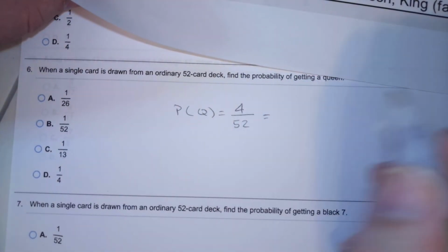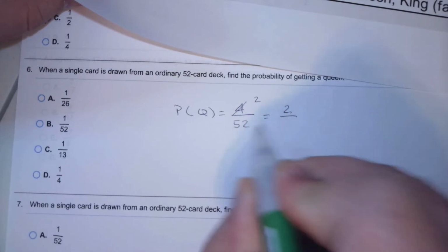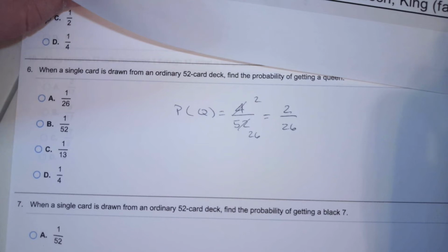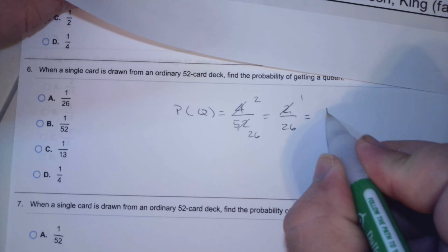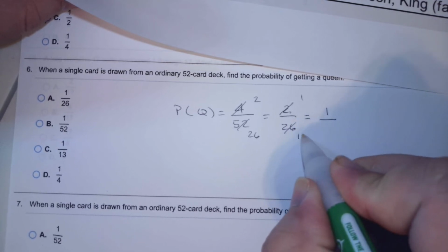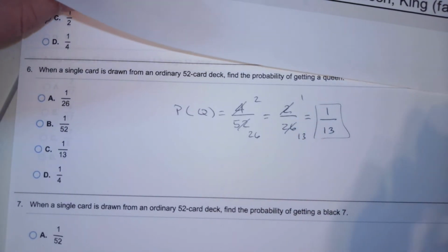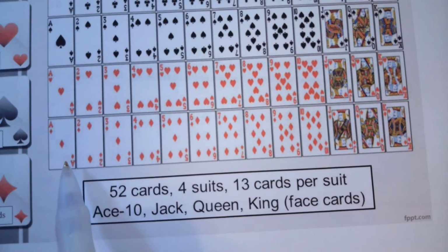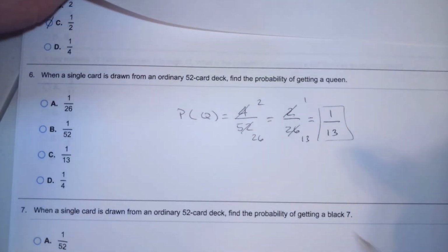They're both even, so we can simplify. 2 goes into 4 twice. 2 goes into 52 26 times. So again, 2 goes into 2 once. 2 goes into 26 13 times. Since a queen happens in each suit, it's 1 queen out of 13 possibilities. So it's 1/13.